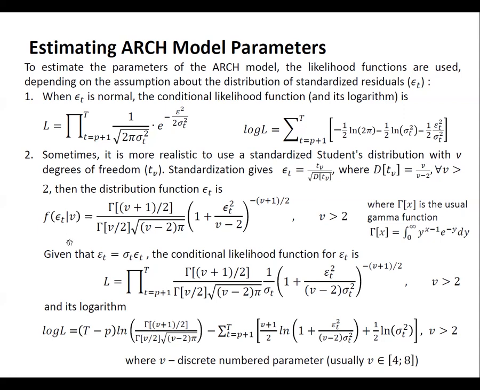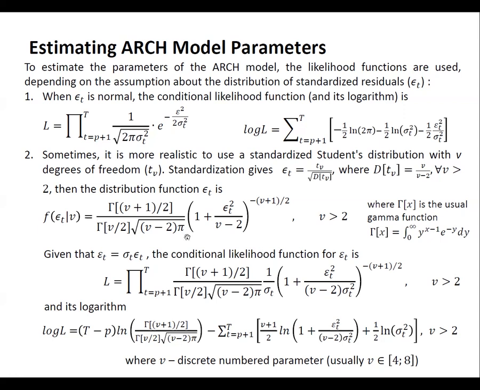The distribution function of this standardized value, if it has a Student's distribution, is written through the gamma function. This is the gamma function of (v plus 1) divided by 2, divided by the gamma function of v divided by 2, divided by the square root of (v minus 2) multiplied by pi.